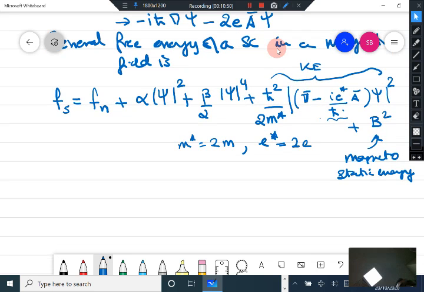Now I integrate the total free energy of the superconductor. This is the free energy density.